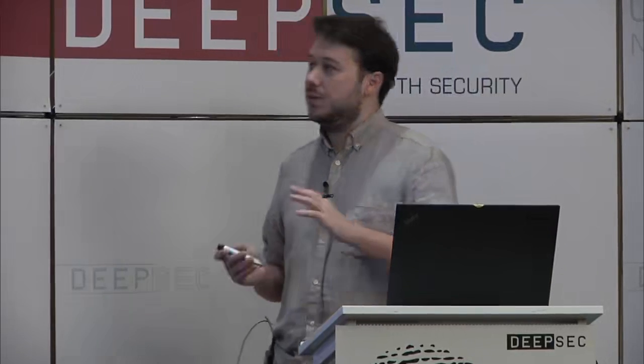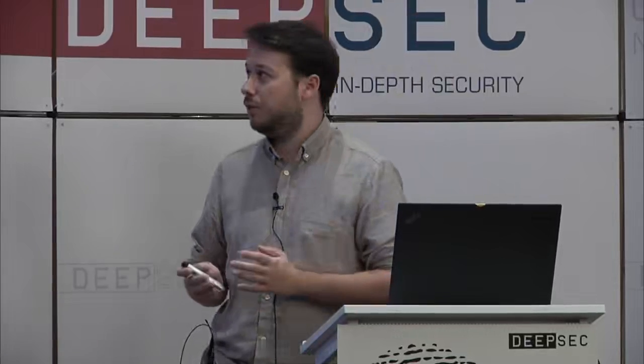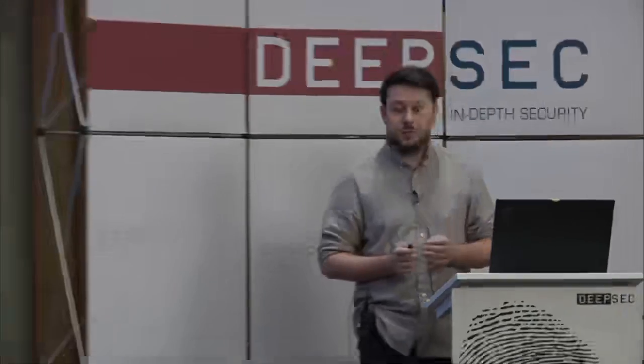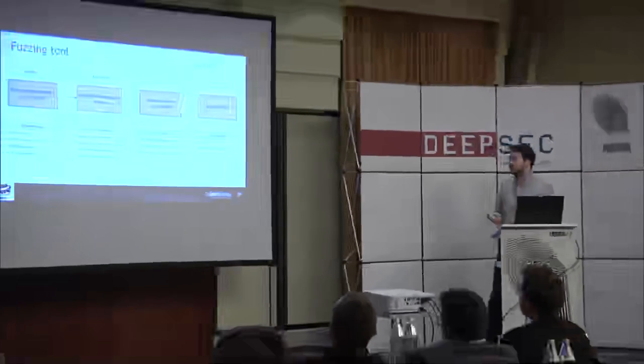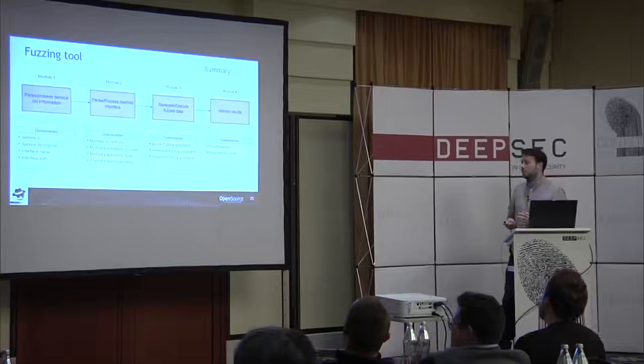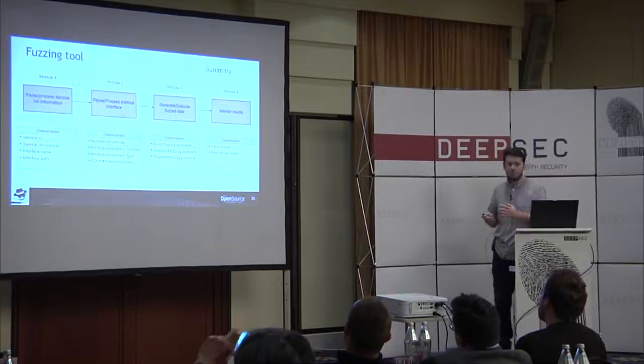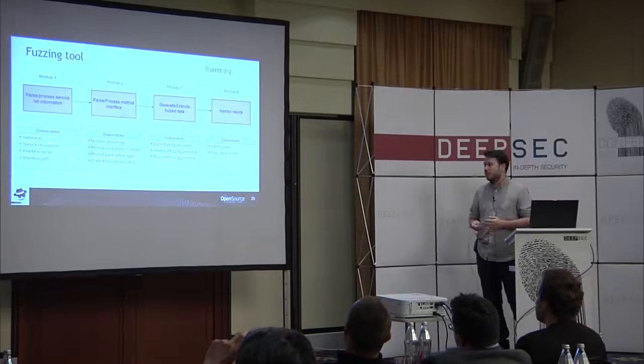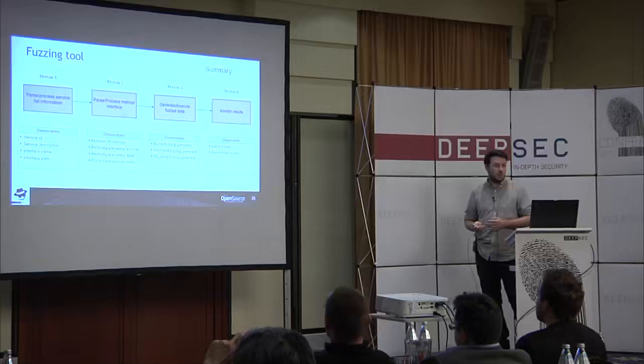This would be like a summary for the whole fuzzing tool with the 4 modules that I've just described to you. So just as a summary, module 1 parses the service list information and gets information about each service. You get the service ID, service description, and the interface name and path.